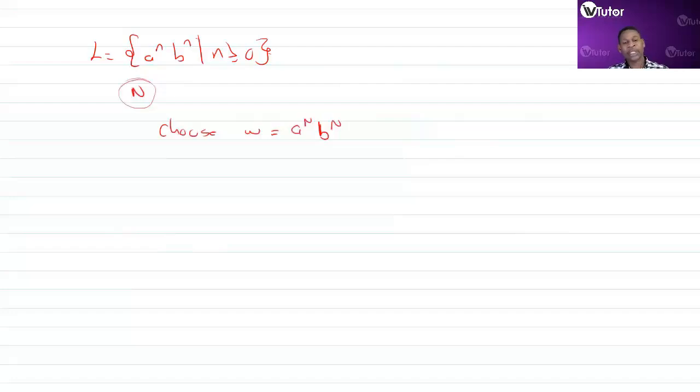where n is the number of states. What does this do? It guarantees that the word that you have selected is greater than n.